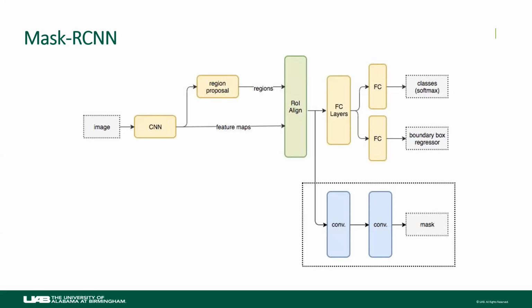Then you send these ROIs into the RPN network for classification and regression, and you filter out some ROIs. Next, you perform ROI Align on the remaining ROIs, which means you combine some feature maps. On the next slide, I will introduce more details.